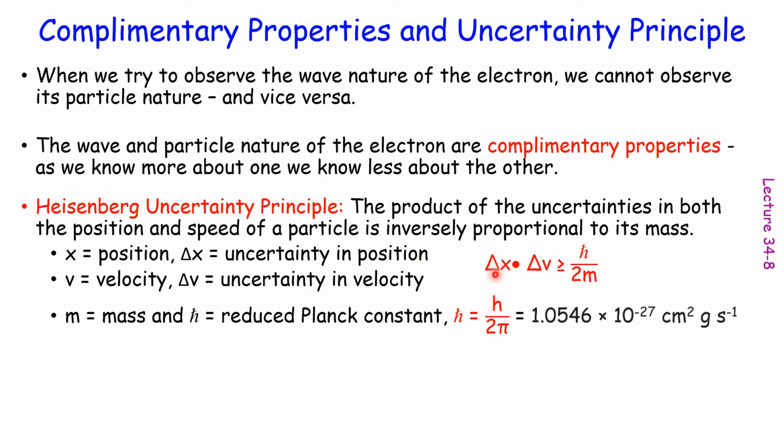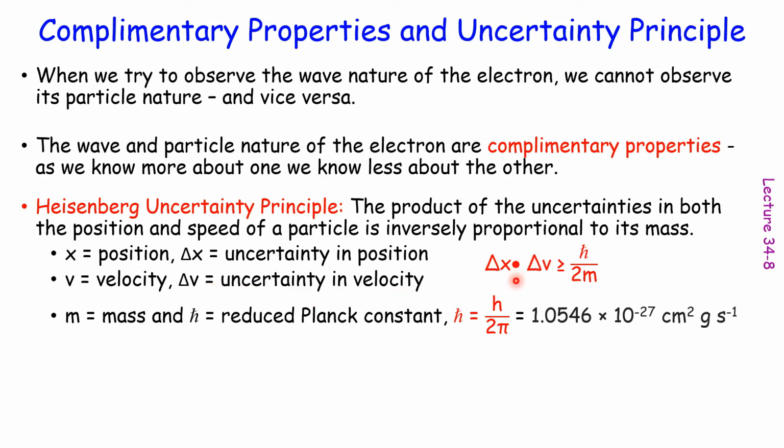So therefore, delta X is the error in measuring the position of electrons, you may say that. Delta V, this is the velocity, not the frequency, okay? Delta V is the uncertainty in velocity.